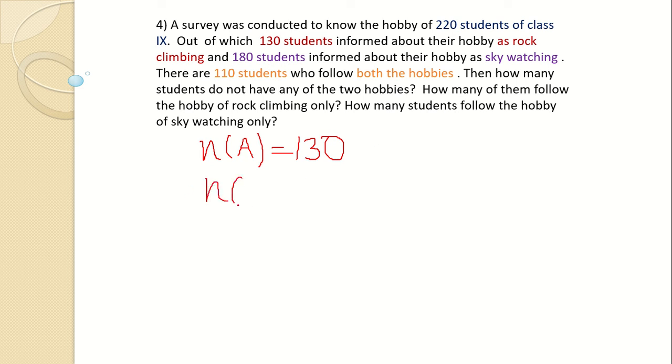So n of B, sky watching people I am assuming to be B. There are 180 such sky watching students. Then 110 students follow both. This word both, I told you, whenever both and comes, they follow this and that, both. They follow rock climbing and sky watching, both. So that's an intersection. So n of A intersection B is given to be 110.